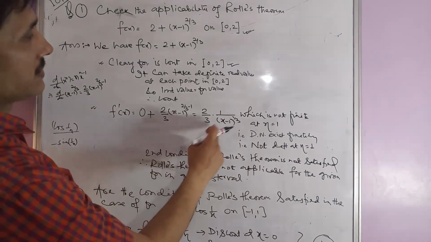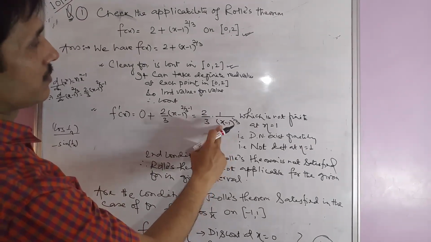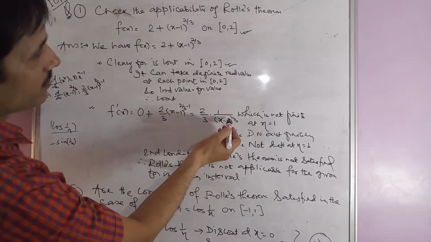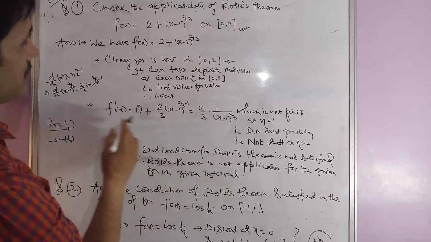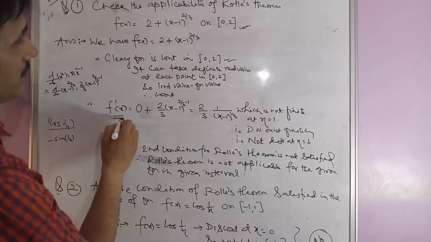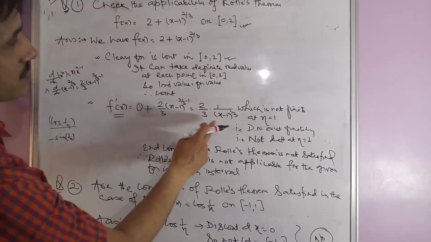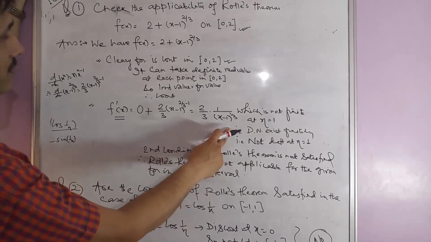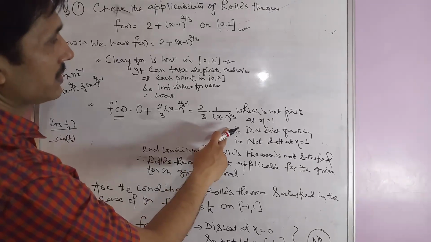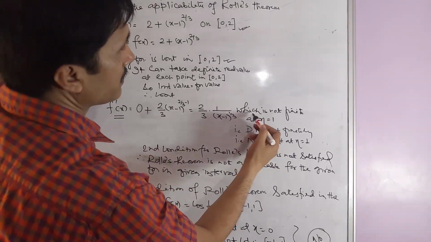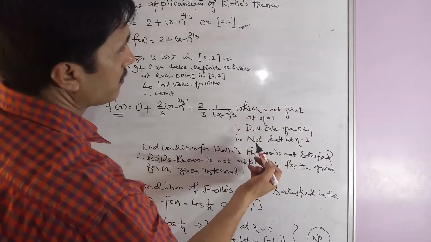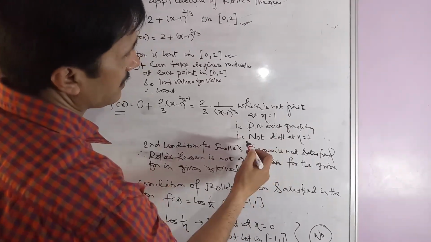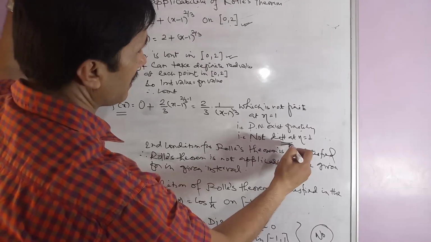This gives 2 by 3 times 1 upon (x minus 1) to the power 1 by 3. Here, if the denominator becomes 0, then f dash x becomes undefined. So at x equal to 1, f dash x has no real value, which is not finite at x equal to 1. So the derivative does not exist finitely, that is, not differentiable at x equal to 1.